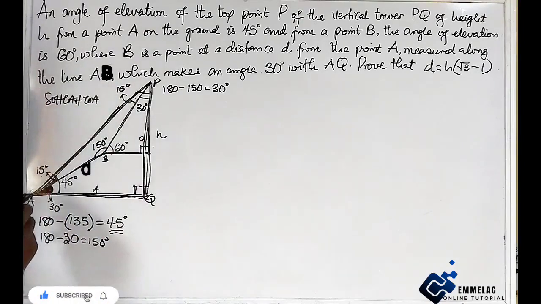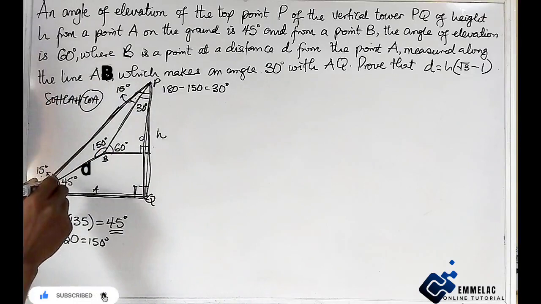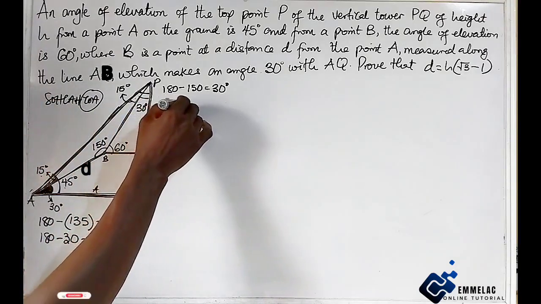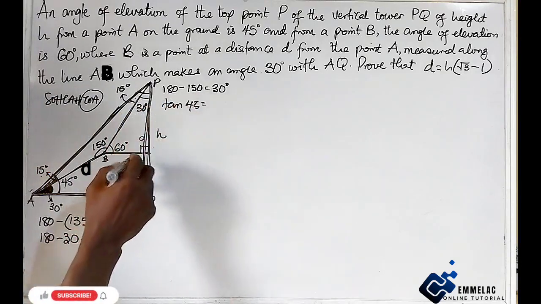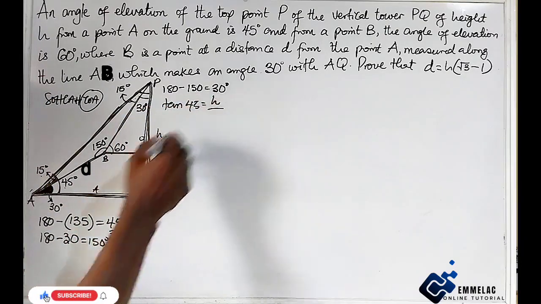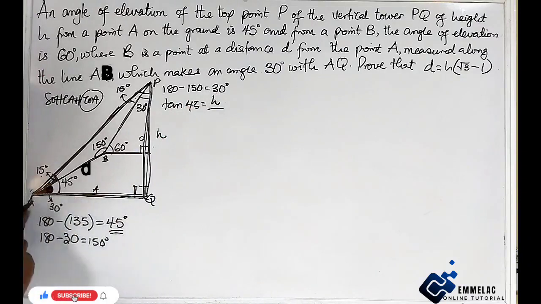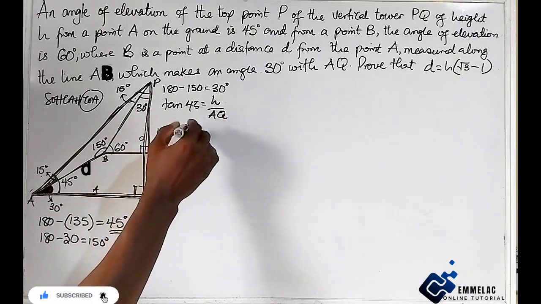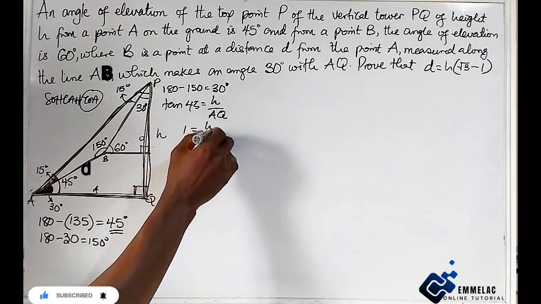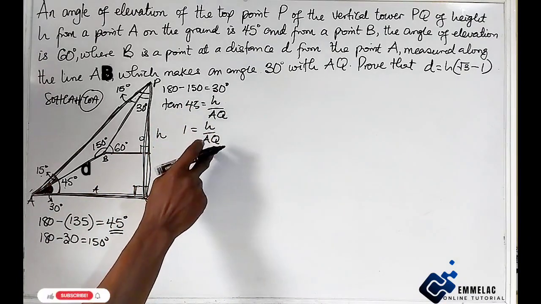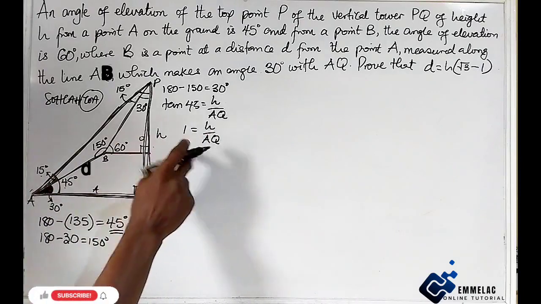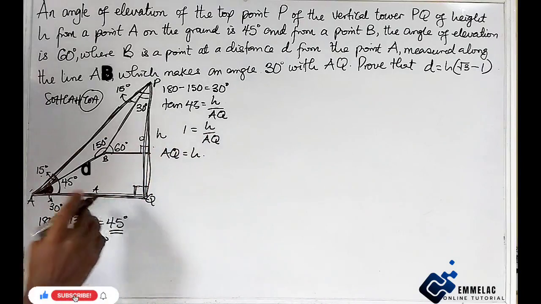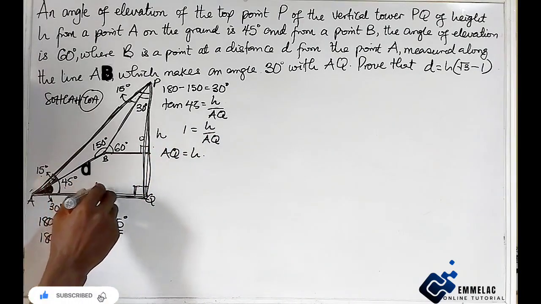By using SOHCAHTOA, you can see the relationship within the angle and the sides is tan. So here we have tan 45 equals opposite, which is h, over adjacent, which is AQ. Now tan 45 is 1, which will give us h over AQ, and AQ will give us h. So here also it is h.